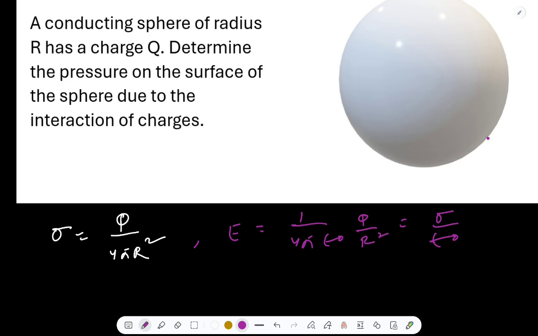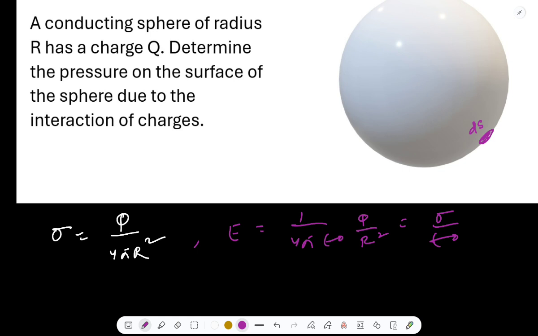And we need to solve this problem. To solve this problem, I would like to select a small element of area ds on the surface of the sphere itself. Or you can say I need to select a very small patch having surface area ds. I would like to compare the electric field produced by this small patch and the electric field produced overall by the sphere itself.